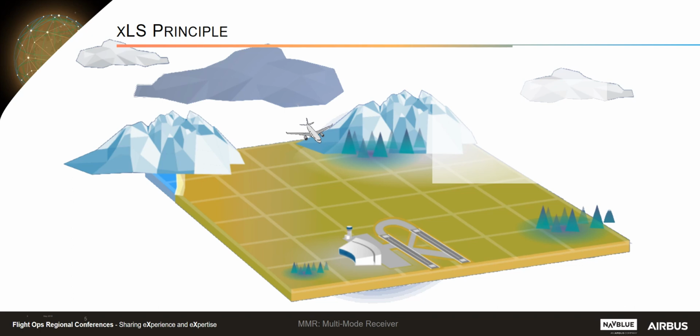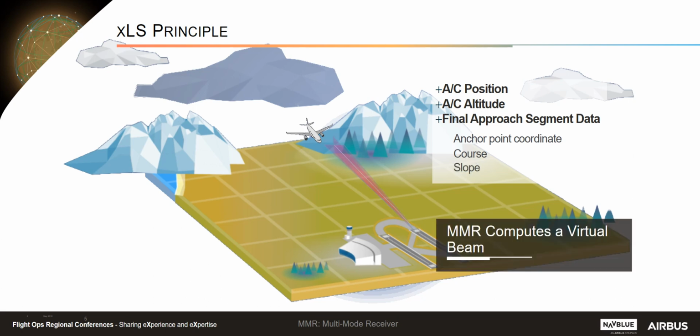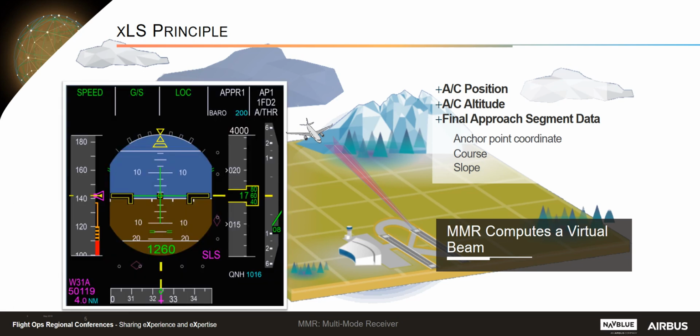XLS function is mainly hosted in the multimode receiver, the MMR. Thanks to the following data, which are the aircraft position, latitude and longitude, aircraft altitude, final approach data like anchor point coordinates, so the runway threshold, the course and the slope, the MMR compute a virtual beam and thus deviation from this virtual beam.